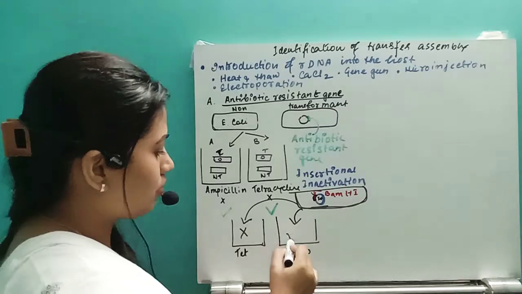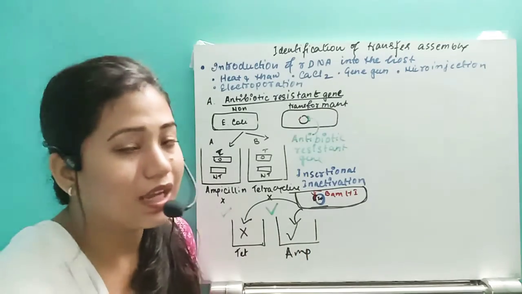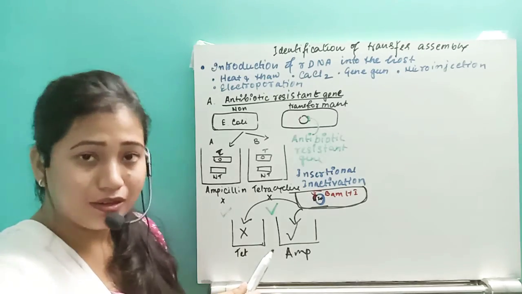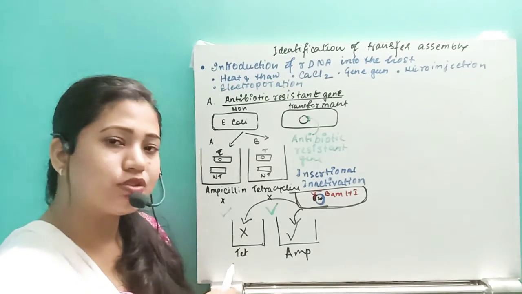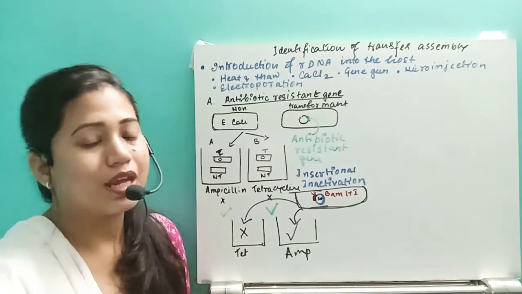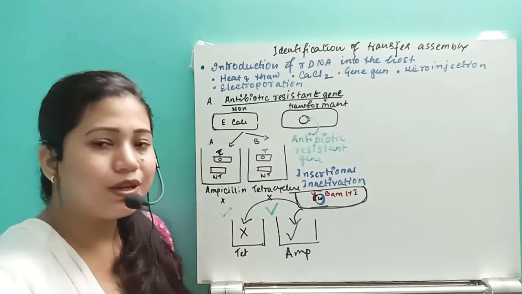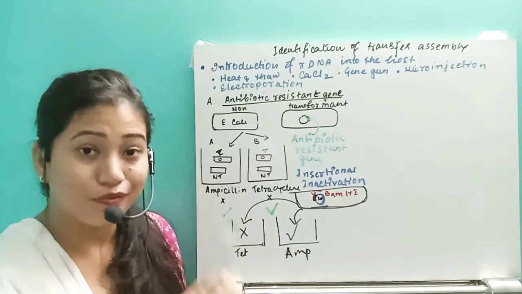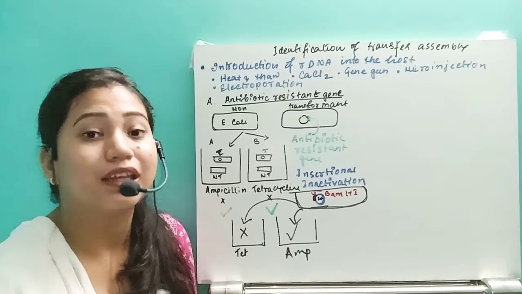So this will also be one indicator by which we can find out that yes, if that host is not able to survive in the tetracycline, but yes, it is surviving in the ampicillin, that means it is a complete, successful technology, what we have done is correct till now.